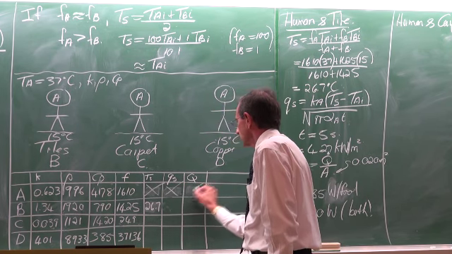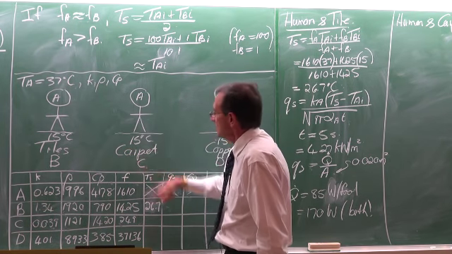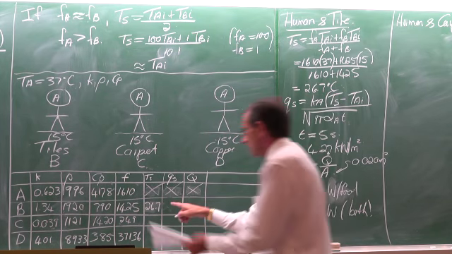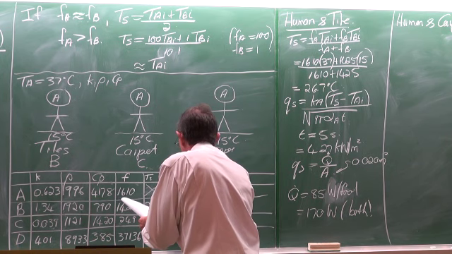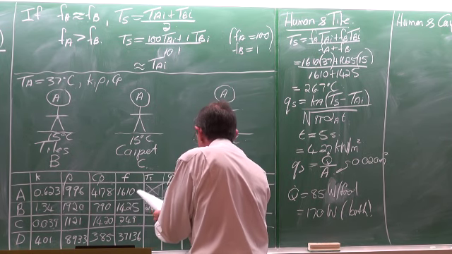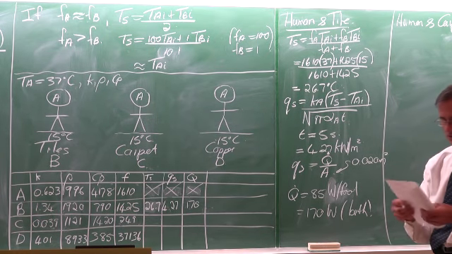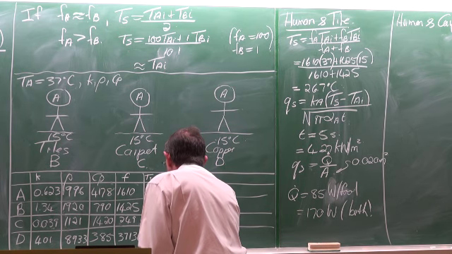These columns, because now we look at between A and B, between A and C, and between A and D. So that is 26.7, and it was 4.27 kilowatts, and the total heat transfer rate was 170. For the carpet, it is 34.1.